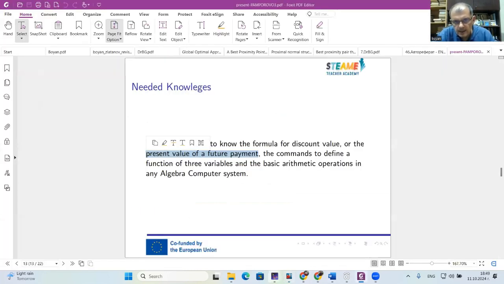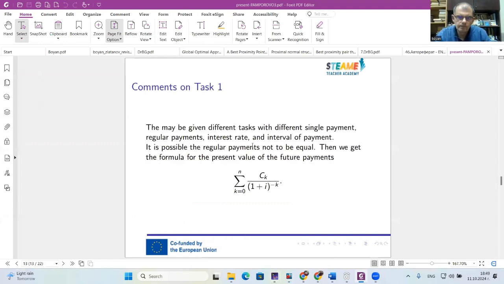The second comment is that not always we need to pay equal payments every time. We may have a contract so that at each interval we pay different amounts of money.